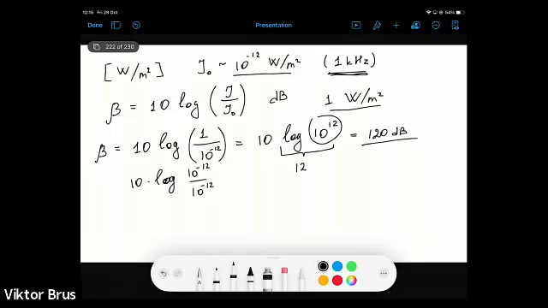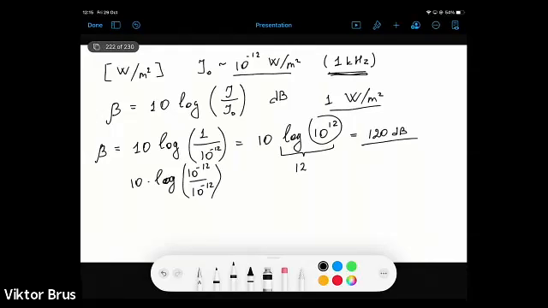So instead of 1 watt per square meter, we put the minimum, the threshold of hearing, 10 to minus 12. Then it will be the decimal logarithm of unity, which is 0, because 10 to the power of 0 gives us unity.